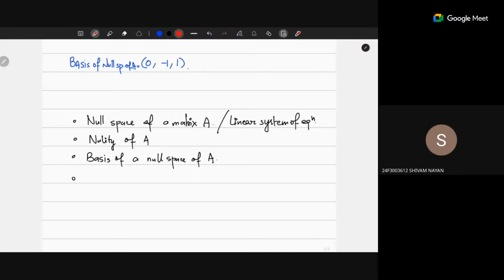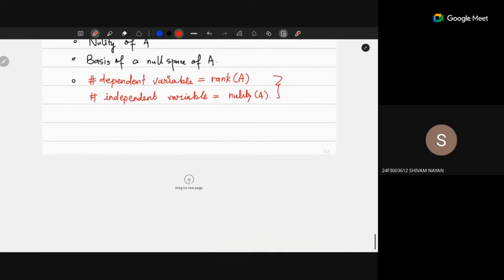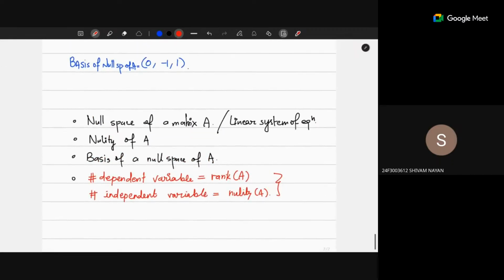And we have also noticed that the number of dependent variables is equal to the rank of a matrix, and the number of independent variables is equal to the nullity of A. Given a system of linear equations, in a matrix, if a variable is not dependent, then it is independent.